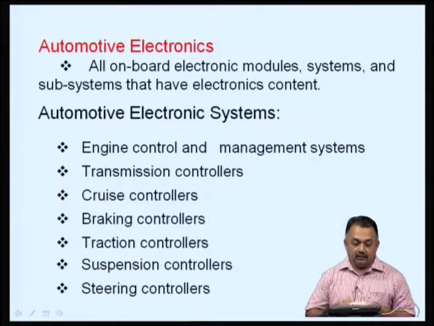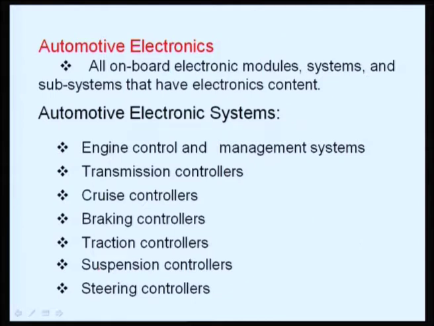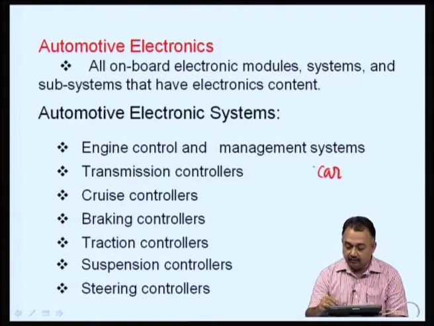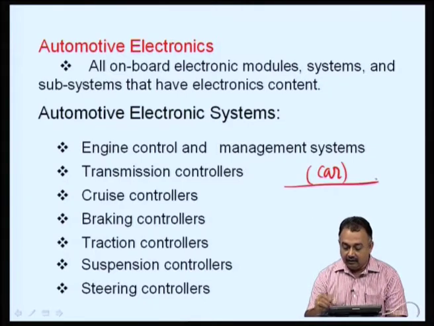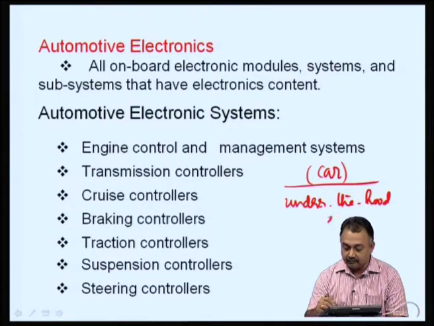Then comes automotive electronics. In automotive electronics, as I said before, we have complex systems, because if you take an automobile, the space available for the electronics is very small. We talk about under the hood electronics.